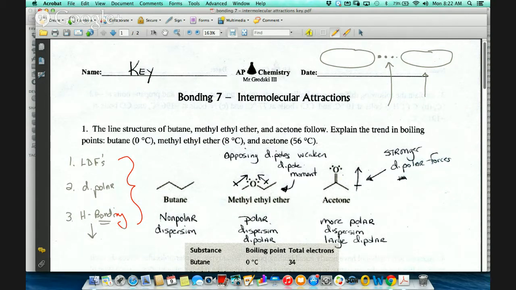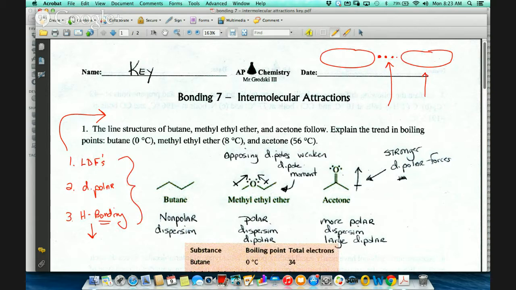But London dispersion forces, although considered the weakest, can become very significant, in some cases even more significant than dipolar forces. So don't fall in love with the fact that these are just weak little forces.